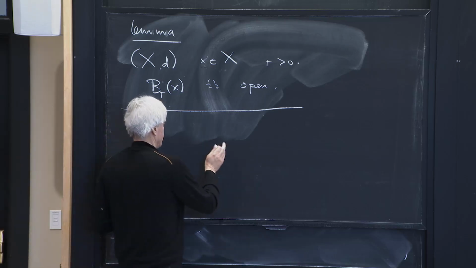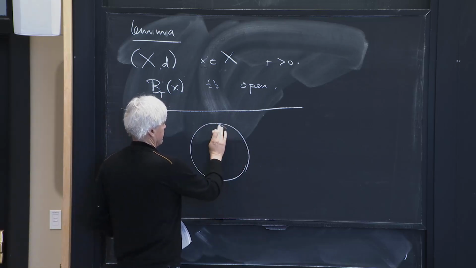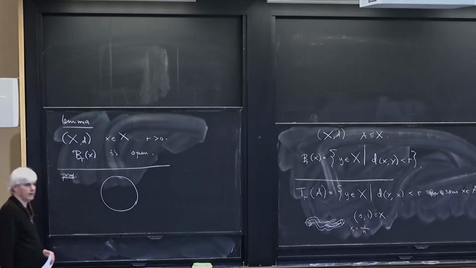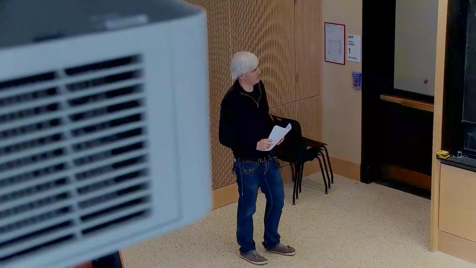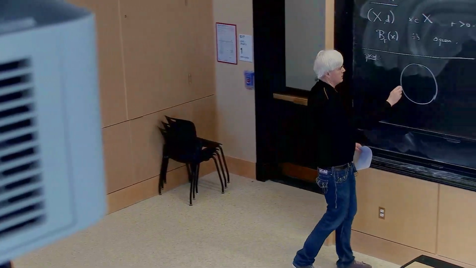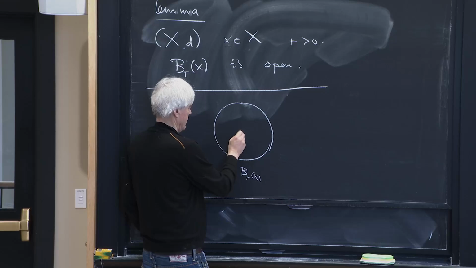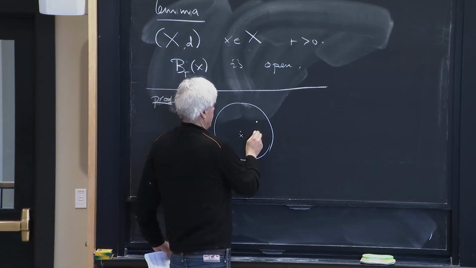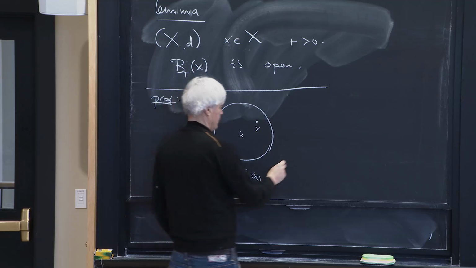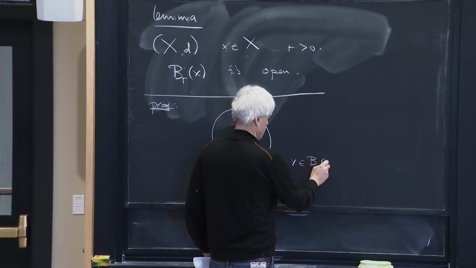But of course you have to be careful, because the intuition comes from Rn and sometimes the metric is a little bit more complicated than that. So imagine that this is the ball of radius r. Here you have some x. Now take an element y. So suppose that y here is now in this ball.